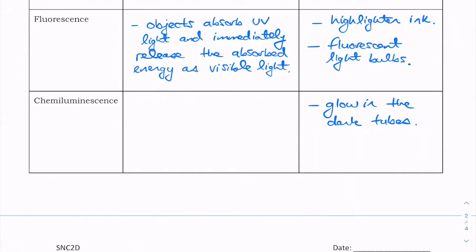The sticks usually contain two chemicals that are separated. When you then break it, you mix the chemicals together, and that process produces light. Recall from the chemistry unit, one way to tell that a chemical reaction has occurred is the production of light, which is exactly what's happening here.